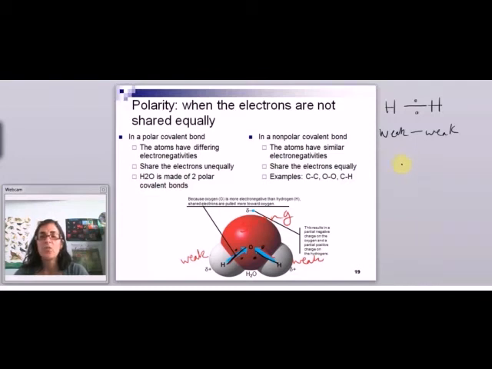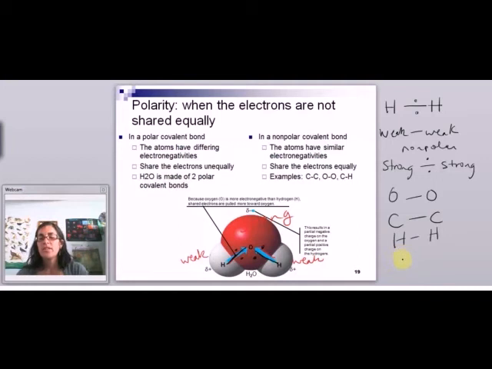Anytime you have two atoms of the same kind, you could have strong to strong, even though they're both strong, they're still equally pulling on those electrons. So the electrons will still end up in the middle, and this would be nonpolar. There's no partial positive, partial negative. So oxygen to oxygen is nonpolar, carbon to carbon is nonpolar, hydrogen to hydrogen is nonpolar.